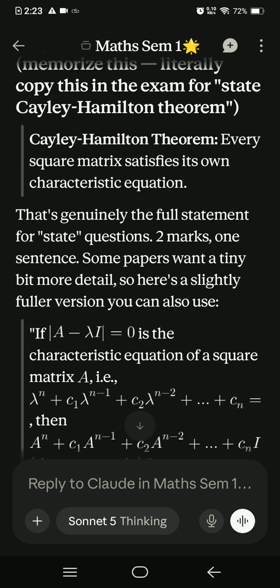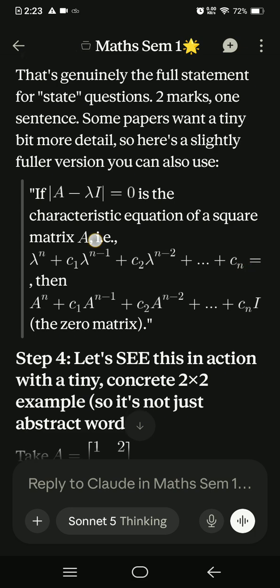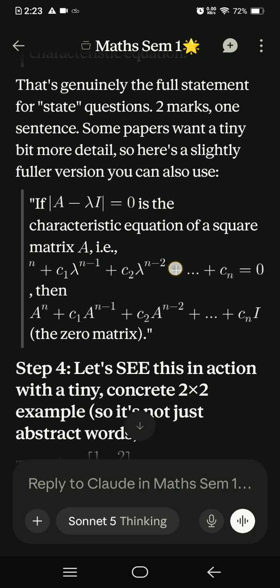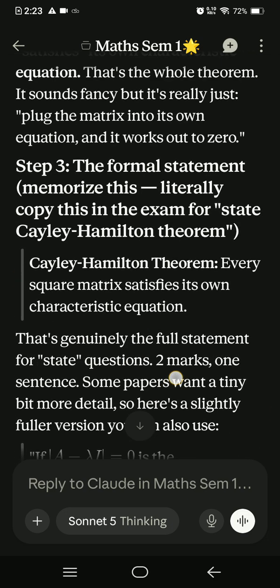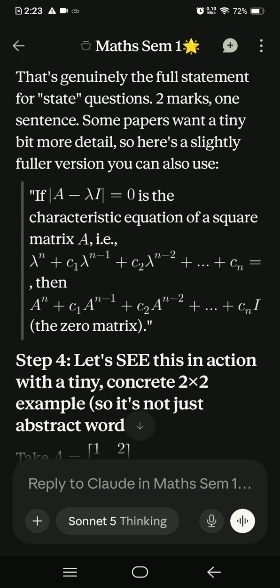So if this is the characteristic equation of a square matrix A, after opening it up, because it's in lambda, right? So lambda raised to the power n, up to the last coefficient.